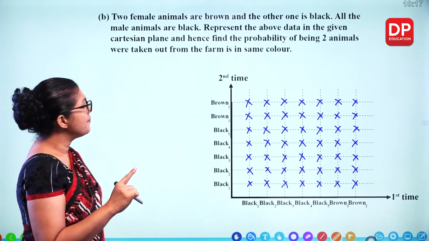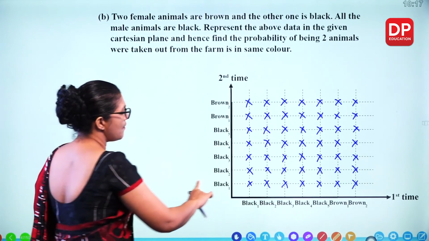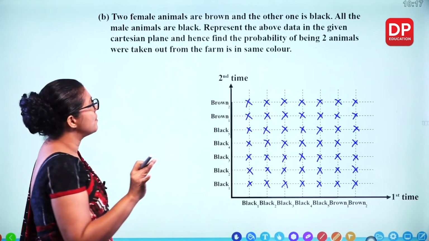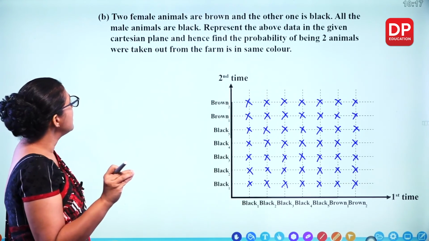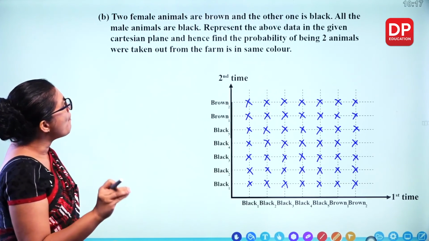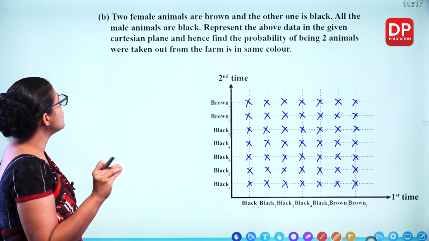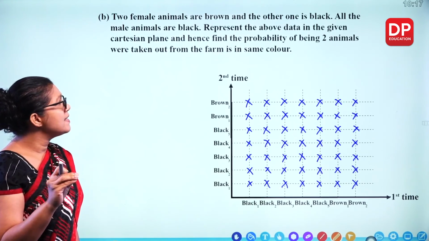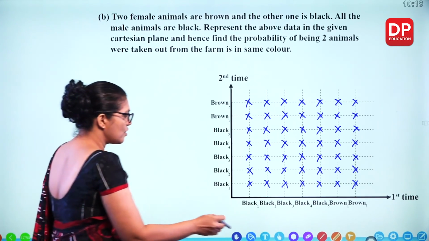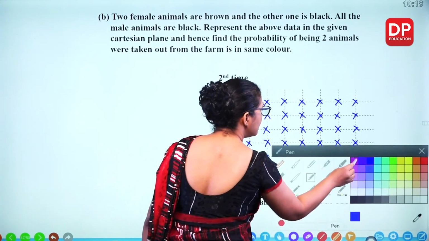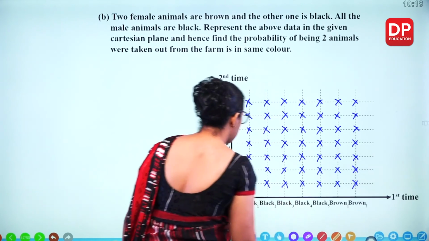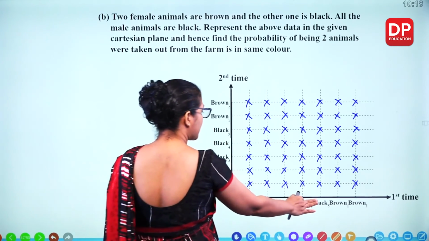So altogether 7 times 7, 49 possibilities. Now out of that, we need the probability of the 2 animals taken out from the farm being the same color. So we'll find out the same color ones. So I'll take this one, black with black.